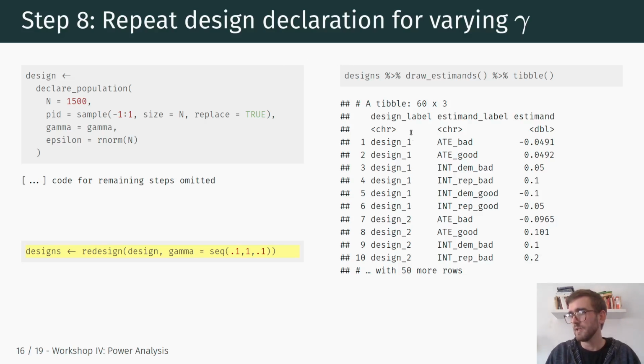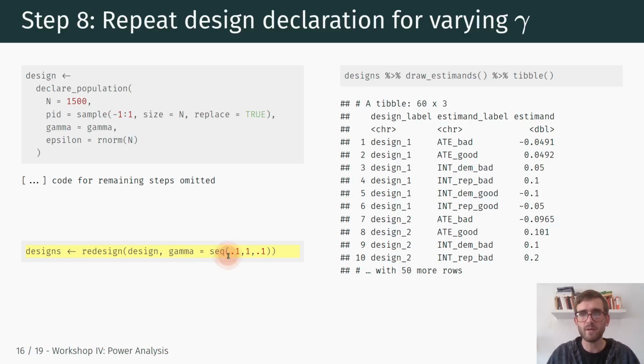We can go through the entire procedure and compute these estimands as well as our estimators, and examine how our estimators and estimates change, and how power and everything is affected by changing these parameters.